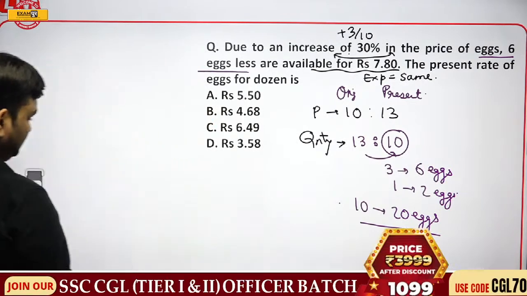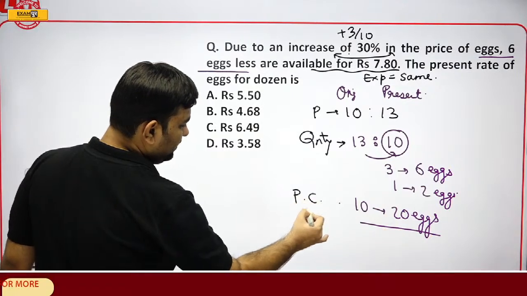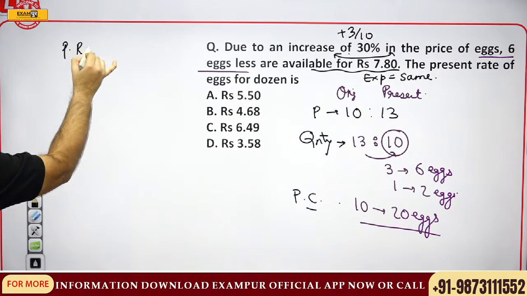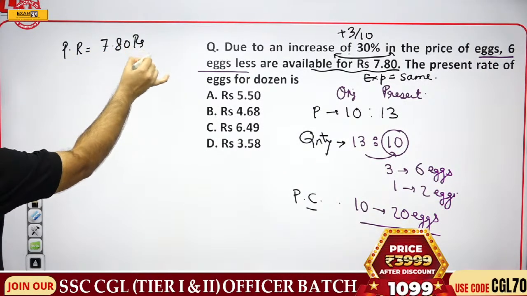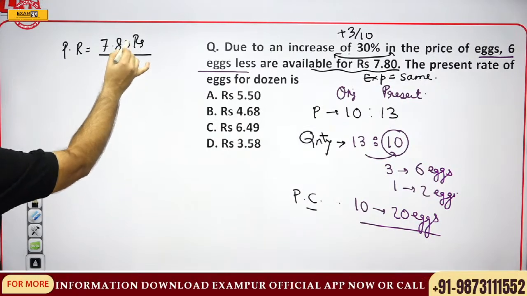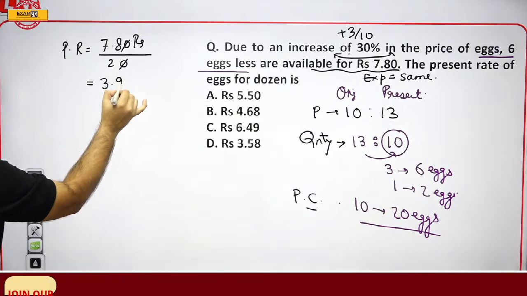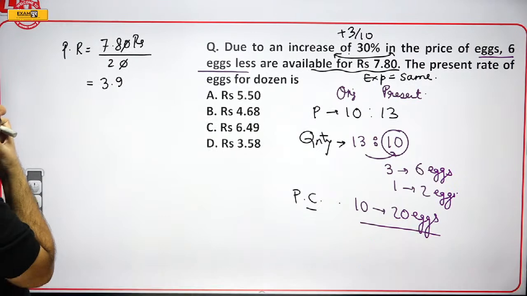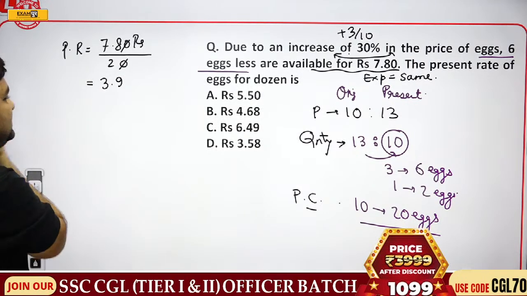So, let me give a name PC. So, present rate PR is 7.80 rupees. 20 eggs are available. So, it is 3.9. Oh, 20 eggs, na?